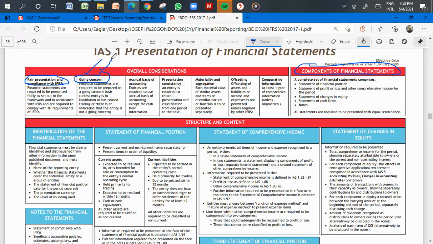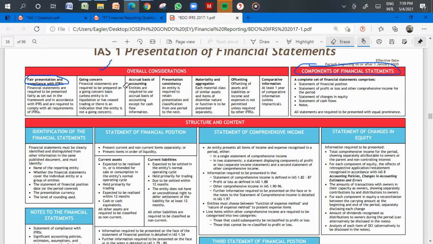Also, IAS 1 says financial statements are required to be prepared on a going concern basis unless the entity is in liquidation or has ceased trading or there is an indication that the entity is not a going concern. So what happens if an entity is not a going concern?